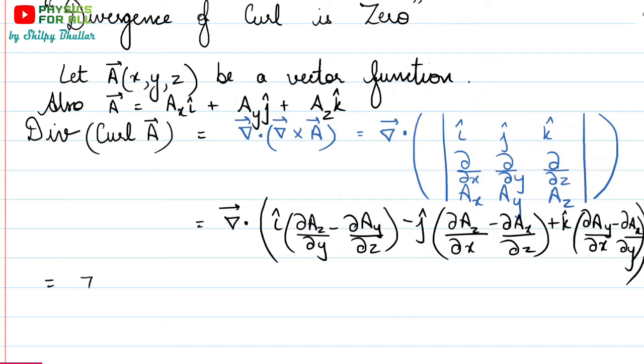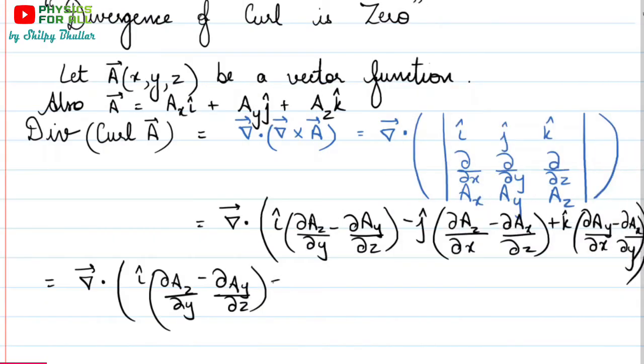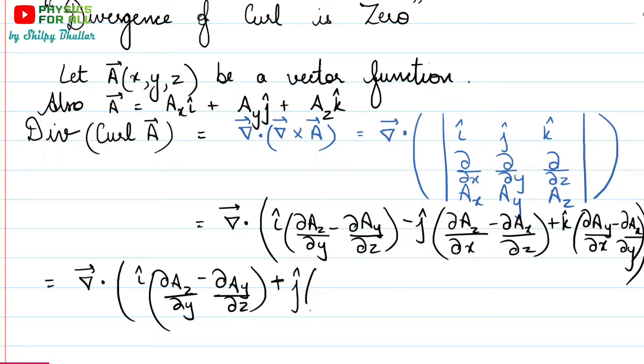So let's write it properly. How does it look? It's del dot i cap curly Az by curly y minus curly Ay by curly z. Then we can bring this minus inside, or you can just put a plus sign here, but then take care that we have to exchange these quantities.